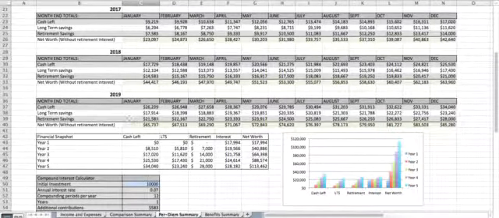It also will be calculating out your retirement savings based on the numbers that you have, and your long-term savings as well. And then this graph here is just a snapshot of what you will have over a 5-year period. And your net worth is the total value of all of your assets. And this graph just gives you a graphical form of the information that you have over here.